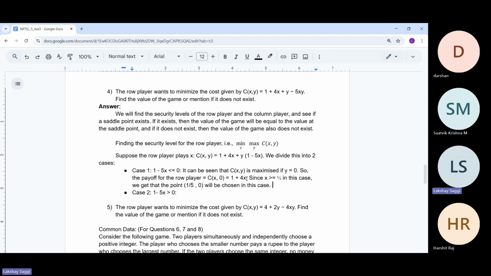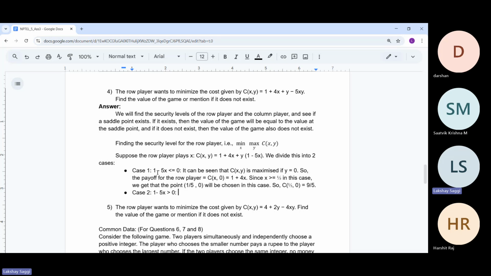And what's the value? We just plug in 1 by 5 and 0, which comes out to be 1 plus 4x. So it will be 1 plus 4 by 5, which is 9 by 5. Okay. But note that we are not done yet.